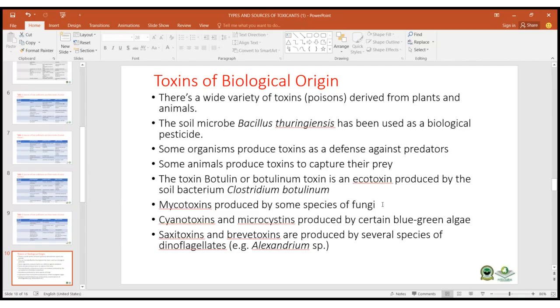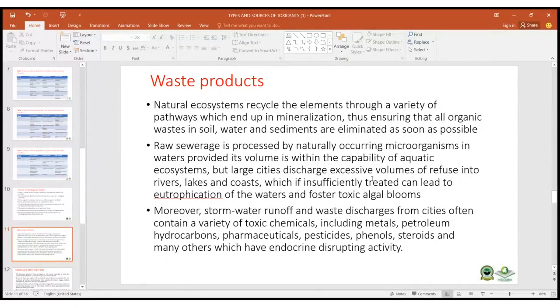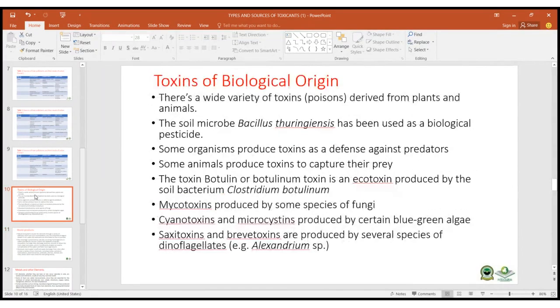And I also mentioned the fact that there are some mushrooms that are edible, but there are also some mushrooms that are poisonous as a result of certain mycotoxins that they release. So we have these toxins that came from biological origins.